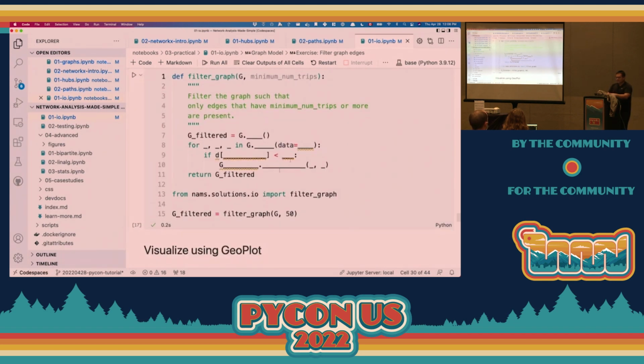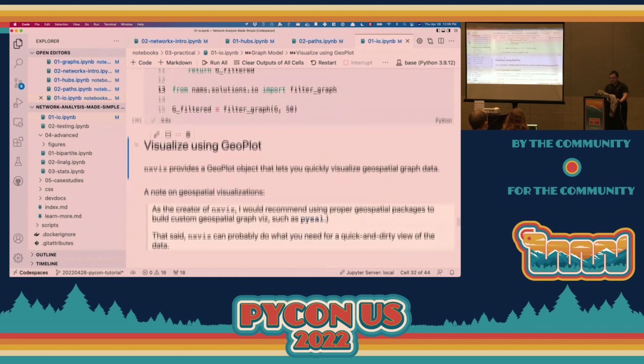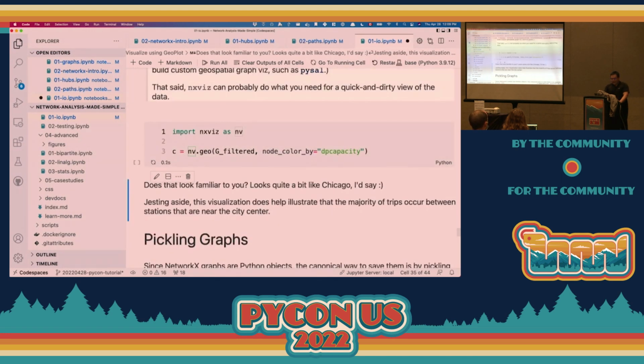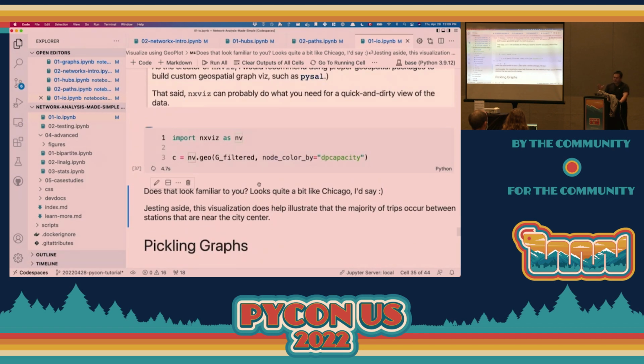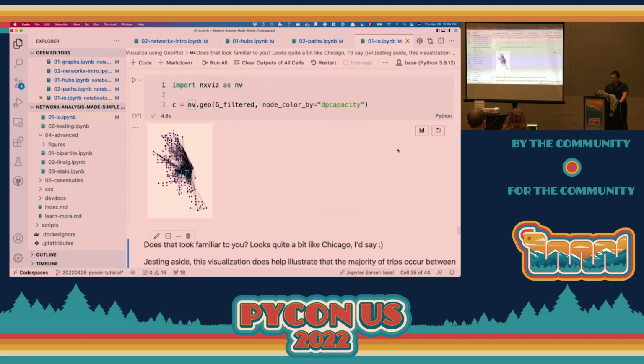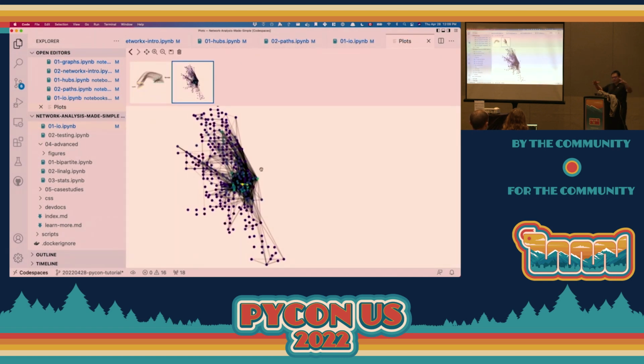So there's an exercise inside here for which the ask is to filter out edges that have a count of less than 50 trips. And then you can take advantage of the geoplot capabilities of NXViz to make a visualization of the geographic spatial graph inside of this data set.